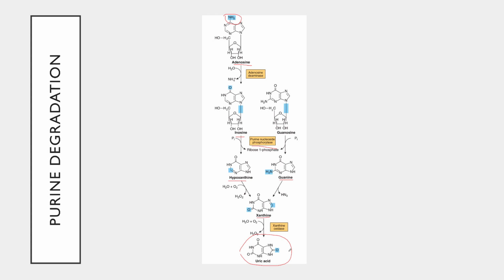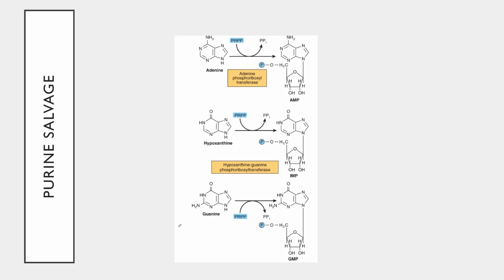So to reduce amounts of uric acid from purine degradation, we have several salvage pathways. So again, the ability to recycle nucleotides, specifically in the case of purines, is important. So to assist this, we can then instead take our bases and convert them back into nucleotides. And there's two primary enzymes here responsible for these conversions.